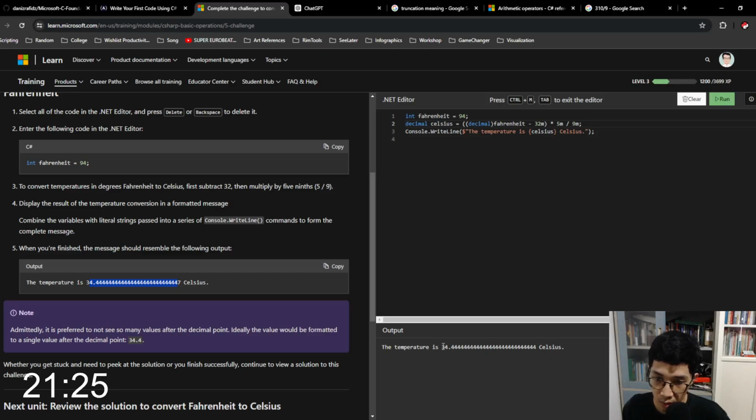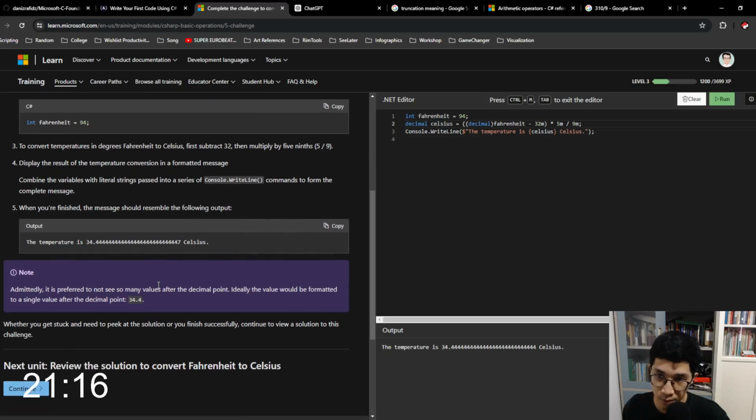Yeah, decimal. But why does it have 7 at the end of the... I'm not sure about it. Admittedly, it is prevalent to not see so many values after the decimal point. Yes, it has so many, I can't even count how many of them.